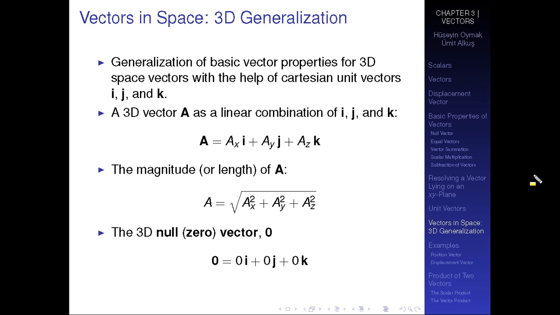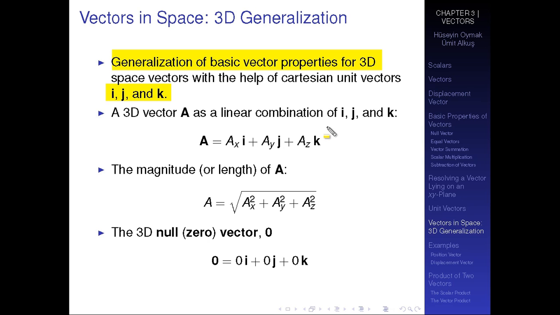So far, we have given the essential properties of vectors, mainly in terms of plane vectors lying on an xy plane. In these slides, we shall generalize our preceding results to three-dimensional space vectors with the help of Cartesian unit vectors i, j, and k.